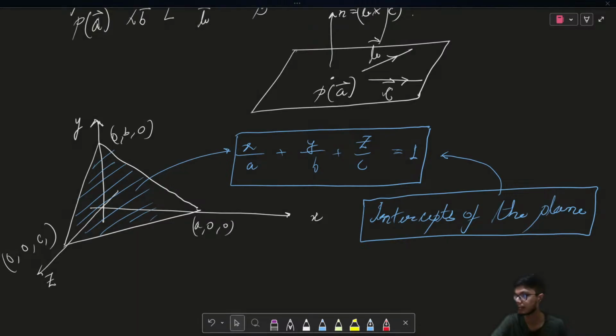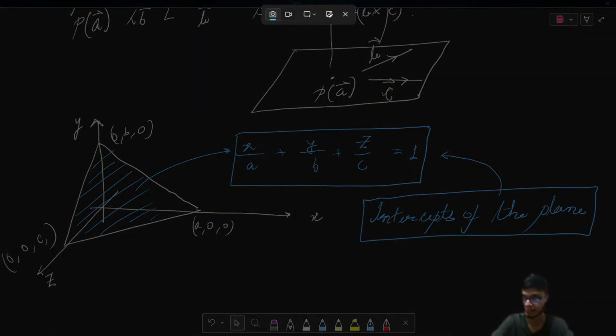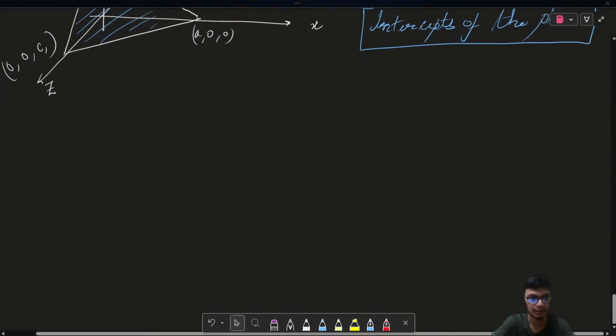So if I take some simple example, let us say, there is a question which says that, now this is going to be an interesting problem, okay?